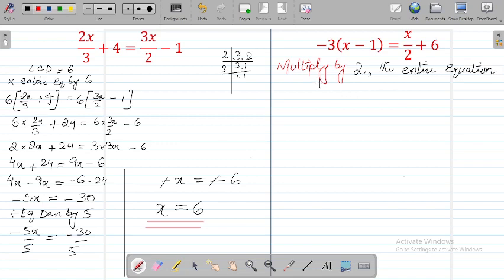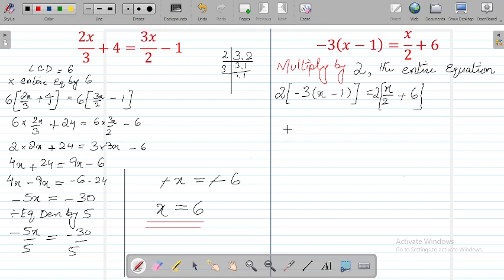So what will happen? 2 into minus 3 into x minus 1 is equal to x by 2 plus 6. Again you have to multiply this whole expression with a factor of 2.